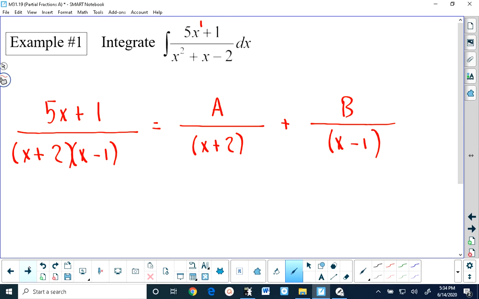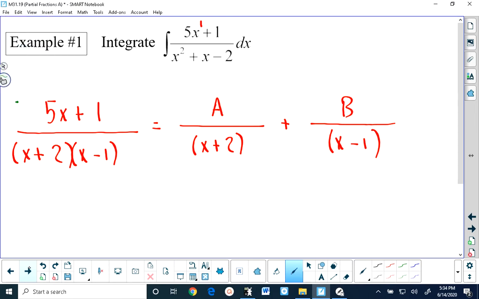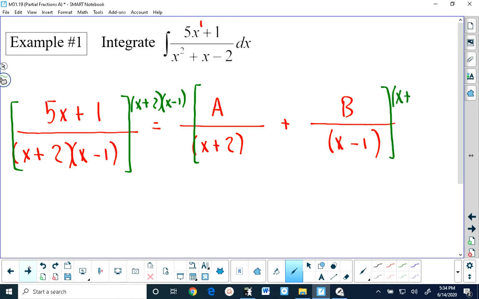Now, how do we go about finding the value of A and the value of B? We're going to start off by multiplying both sides of this equation by (x+2)(x-1). So we have to multiply both sides by that. What we're doing here, everybody, essentially is eliminating the denominators.